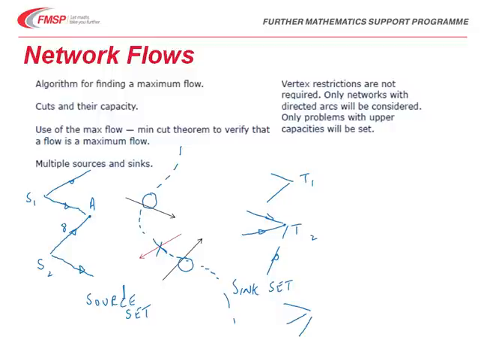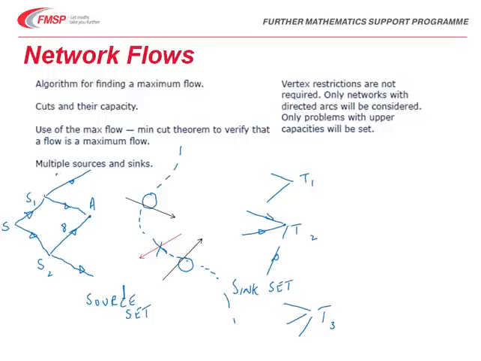The way to handle these is simply to use what's called a super source or a super sink, and we add in a super source S, which has got arcs from it to S1 and S2, where the capacity of those arcs is sufficient to feed the arcs coming out of each of those.